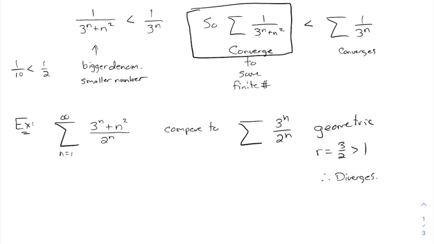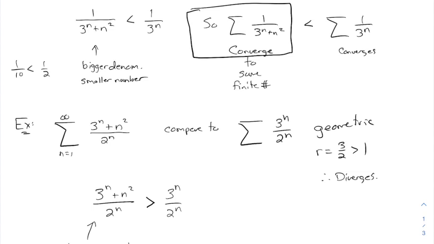Now, if we compare the terms, the terms of this series over here are 3 to the n plus n squared over 2 to the n. The terms of this one are 3 to the n over 2 to the n. Now, over here, the n squared means that this has larger numerator. So larger numerator means larger number. So this is bigger.